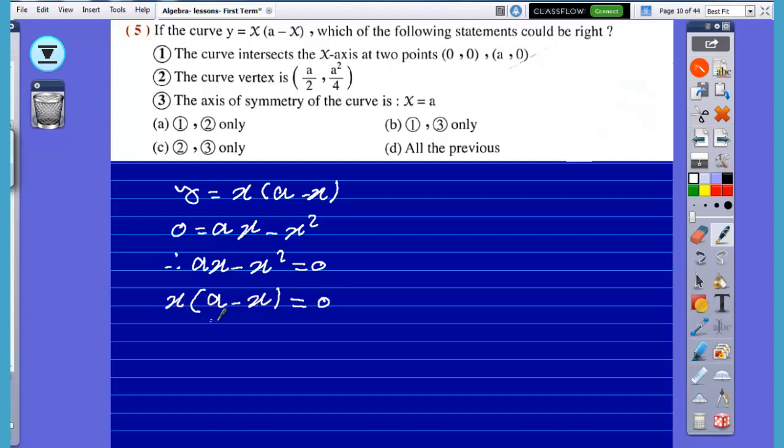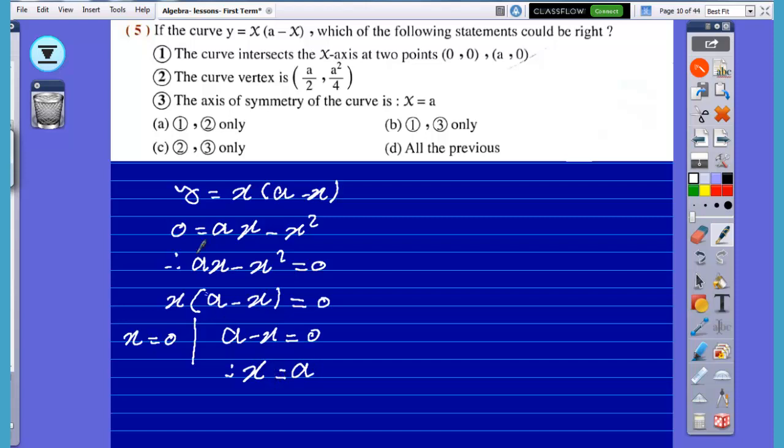As ax divided by x equals a, negative x squared divided by x equals negative x, and from this we have x equals 0 or a minus x equals 0. It means x equals a.